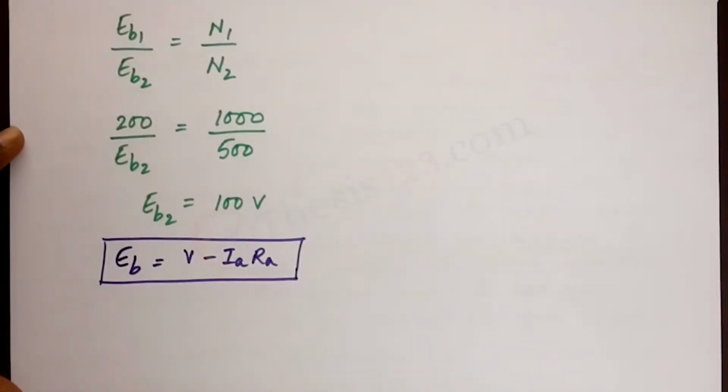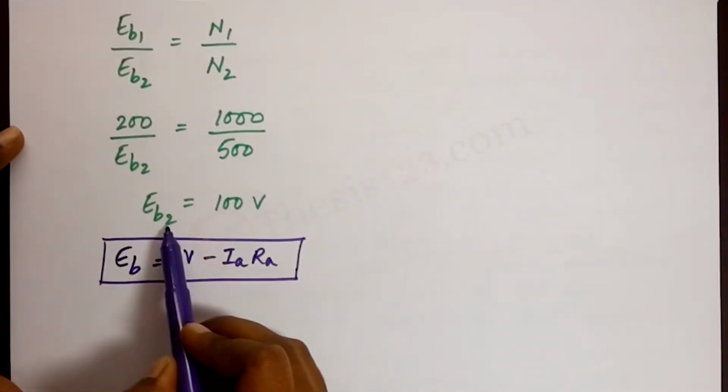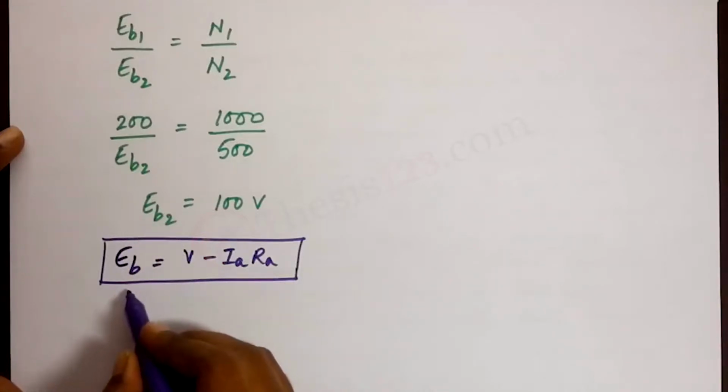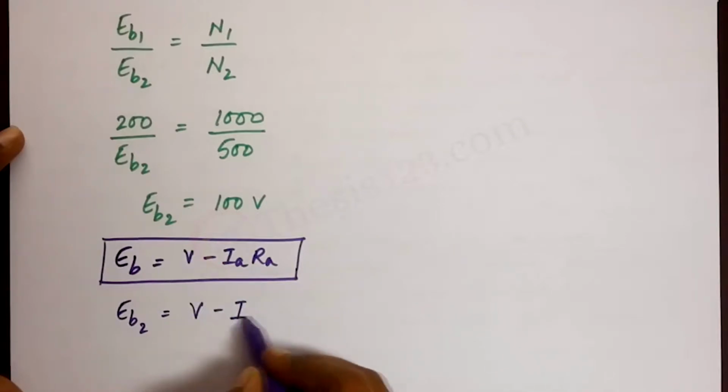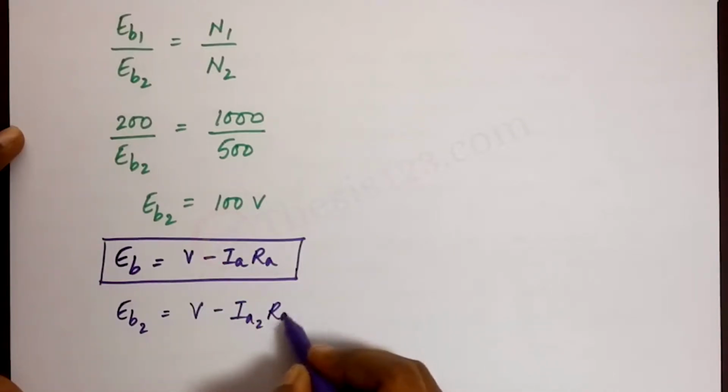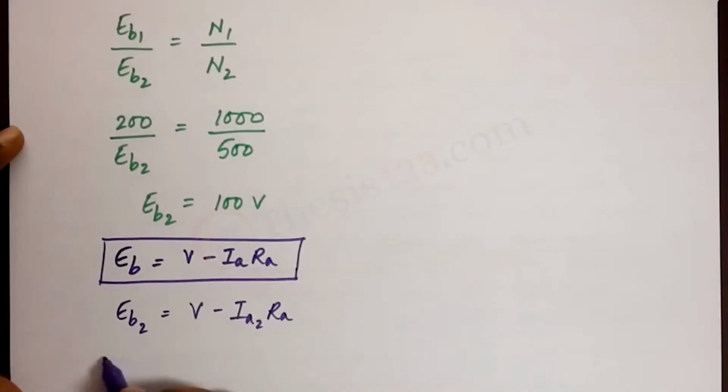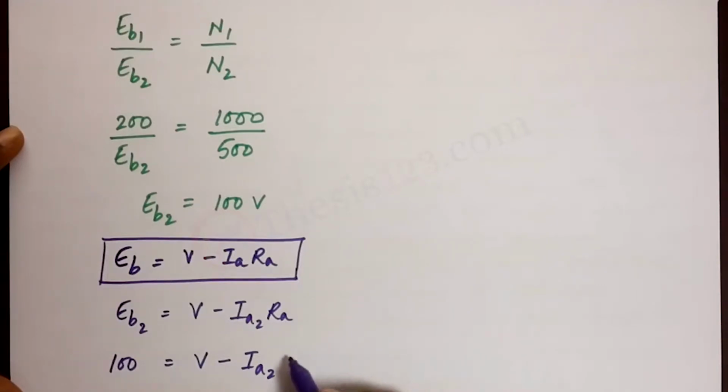Let's use this for the second case: EB2 is equal to V minus IA2 RA. Substituting, we have 100 is equal to V, we don't know the value of the voltage, minus IA2. This is the armature current that we're supposed to find out at the speed of 500 rpm. RA is 1.